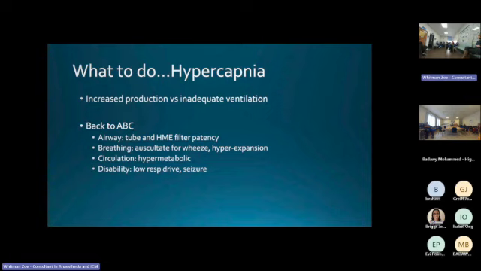And again, go back to ABC, just check whether there's any problems with any blockages with the tube or the lungs that you can easily fix. See if they're wheezy. Like I said, see if they're hypermetabolic, so if they might be very tachycardic, potentially hypertensive as well, or seizing potentially, or very pyrexial, that kind of thing.